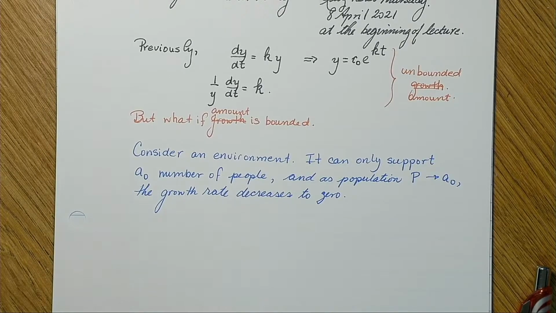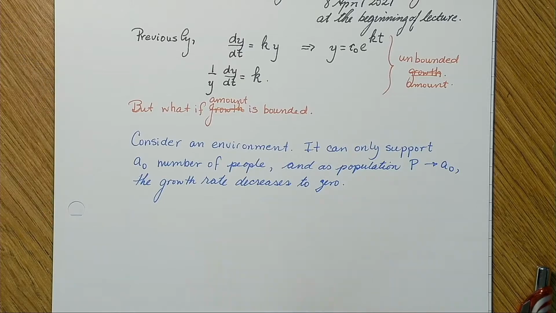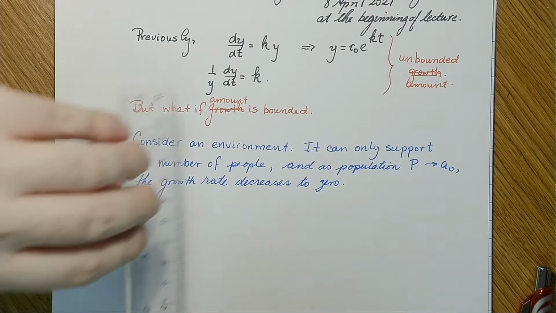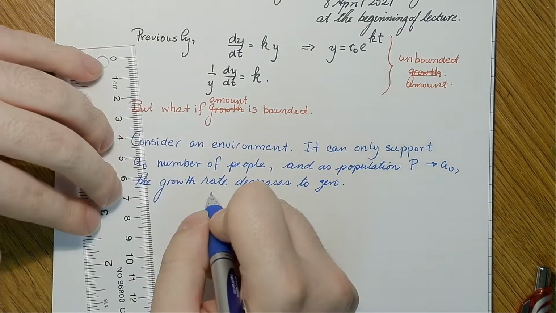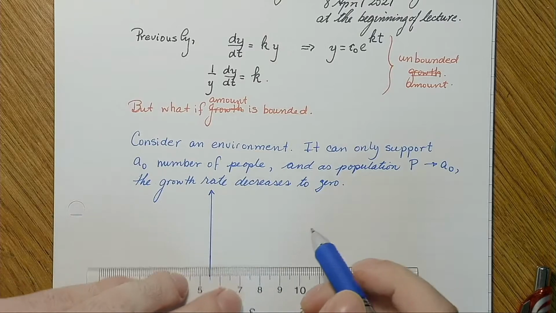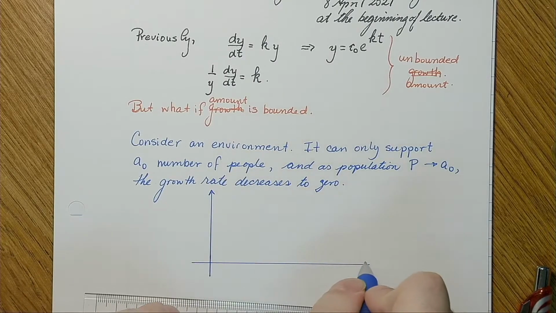So what I'm trying to say is that the amount of a population is reaching a horizontal asymptote. For instance, if I draw a little picture to go along with that, the behavior that we want to model is something like this.